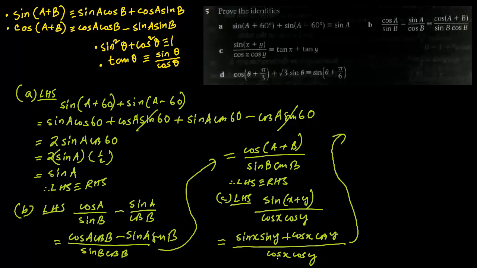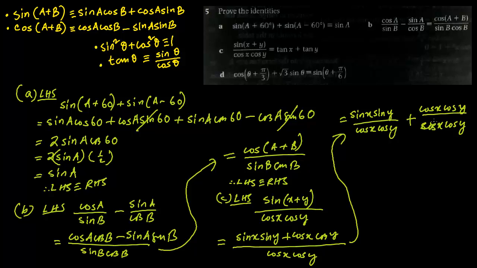So since we have downstairs cos x cos y, we can divide both portions like this: sine x sine y divided by cos x cos y plus cos x cos y divided by sine cos x cos y.